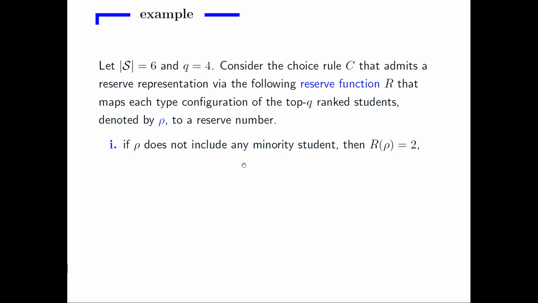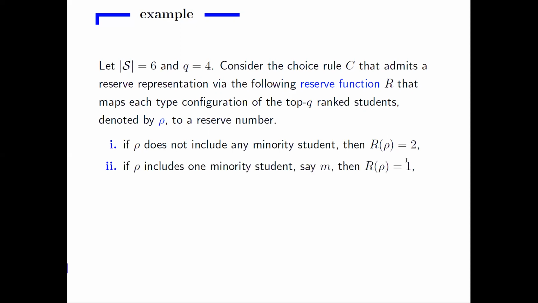So here is one reserve rule. Suppose that in the top chunk, there is no minority student. If there is no minority student in the top chunk, my rule is going to reserve 2 seats for the minority. I will pick 2 minorities who are not in the top chunk.